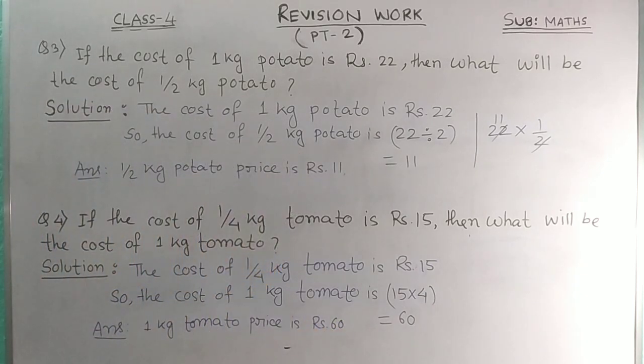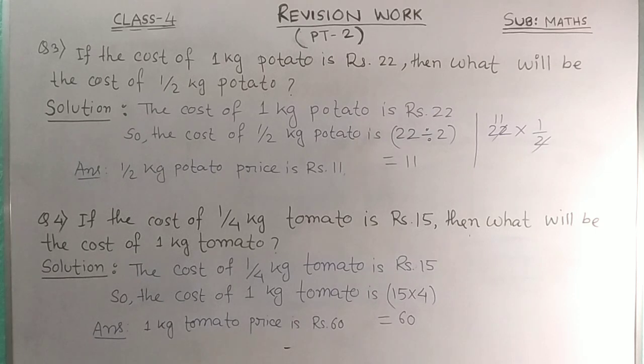Bas, this is our another question solved. Very easy. Write it in your rough copy and practice for your PT2. But we have another question also, that will be something another type.